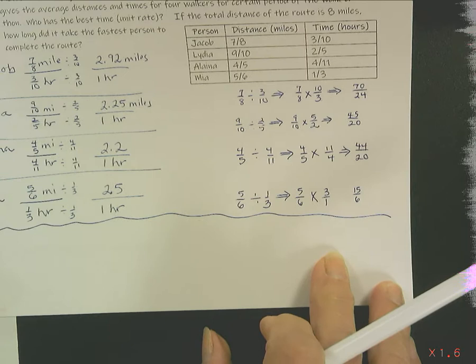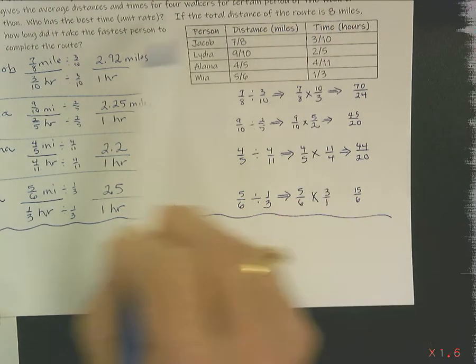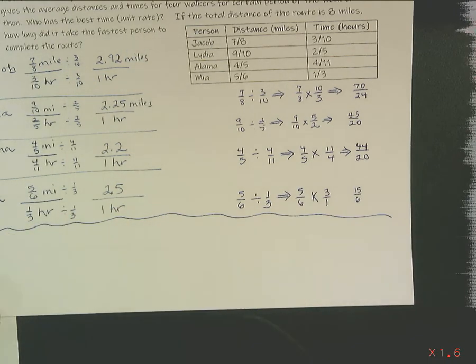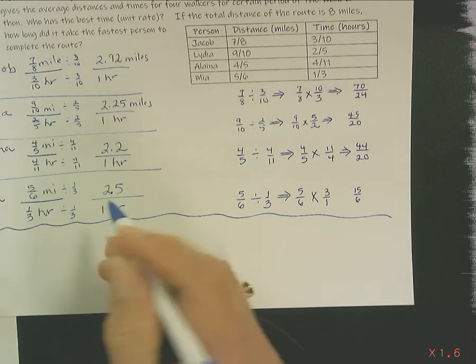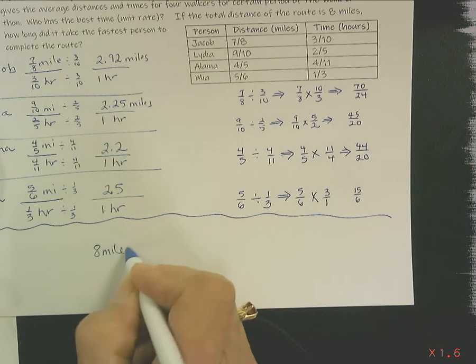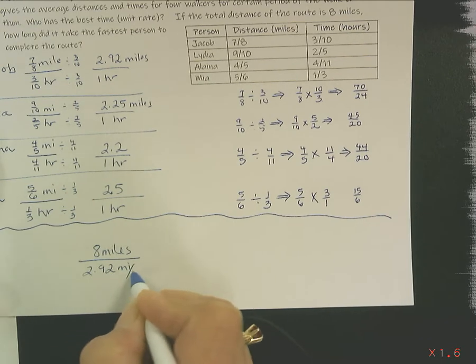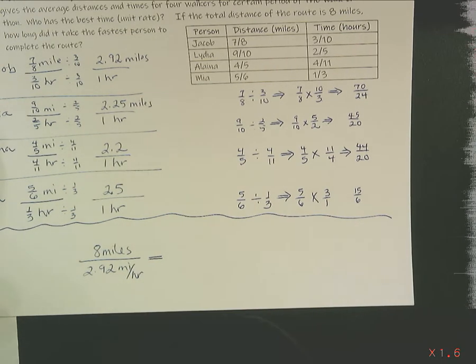So, if the total distance of the route is 8 miles, how long did it take Jacob to get there? What do y'all think? Well, take your 8 miles, divide it by 2.92 miles per hour, and it will tell you how long it takes him.